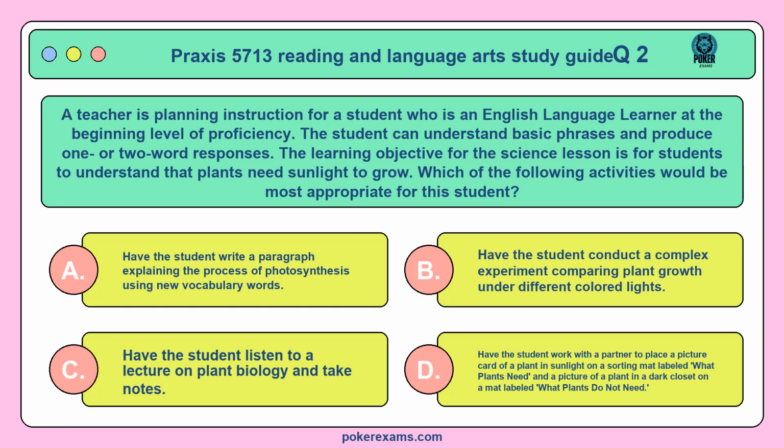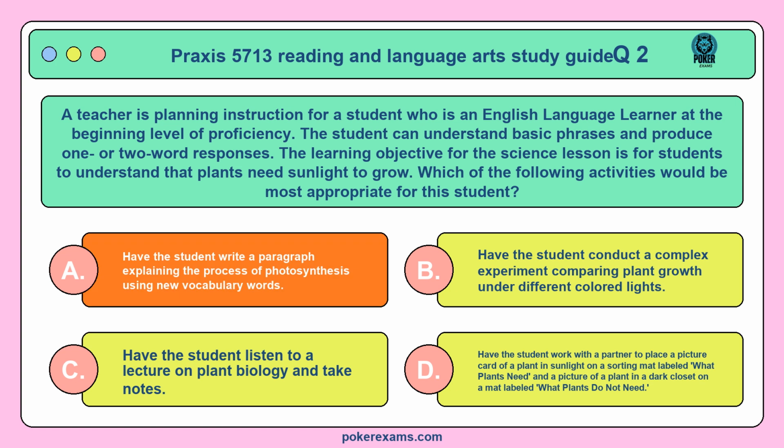Question 2. A teacher is planning instruction for a student who is an English language learner at the beginning level of proficiency. The student can understand basic phrases and produce 1- or 2-word responses. The learning objective for the science lesson is for students to understand that plants need sunlight to grow. Which of the following activities would be most appropriate for this student? Option A. Have the student write a paragraph explaining the process of photosynthesis using new vocabulary words.